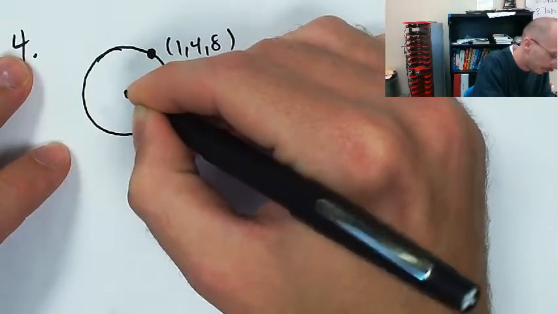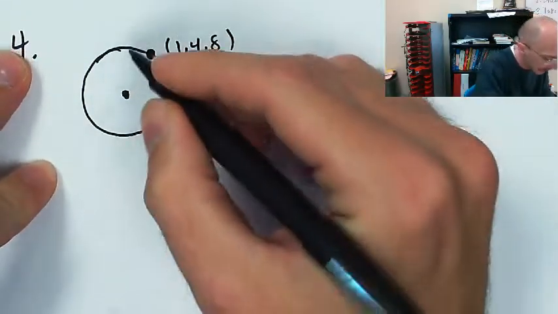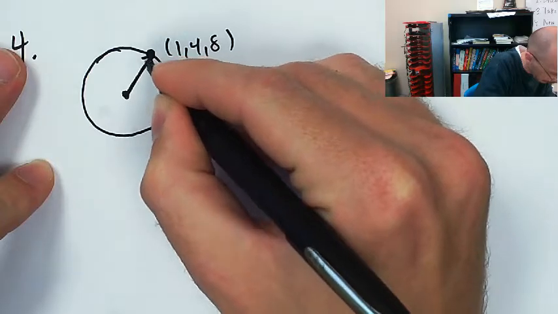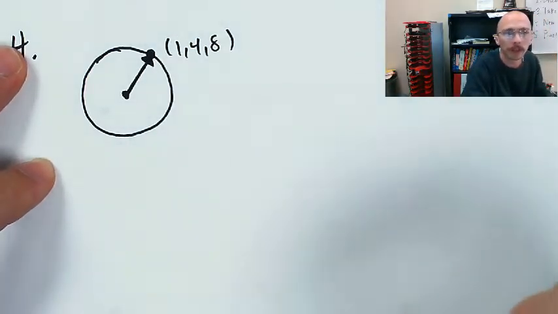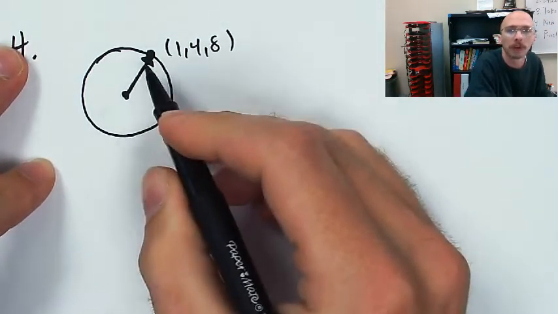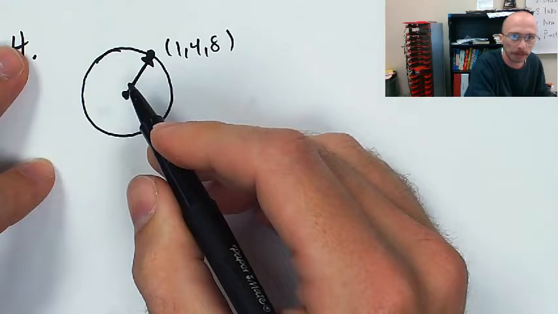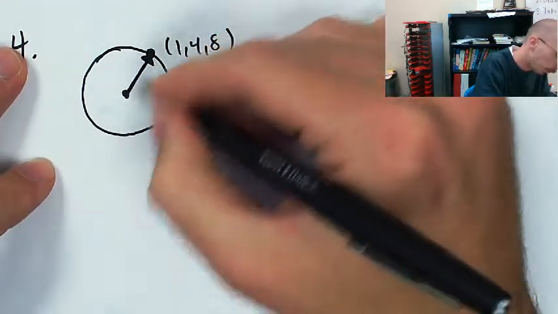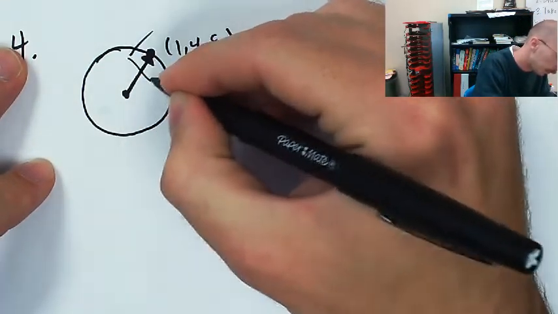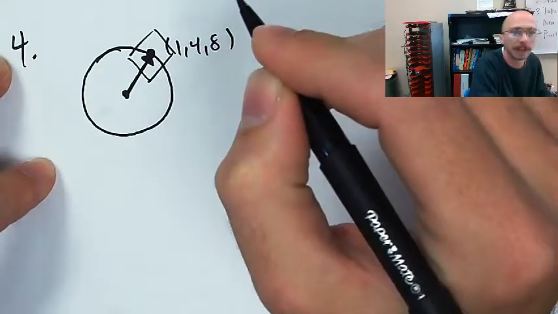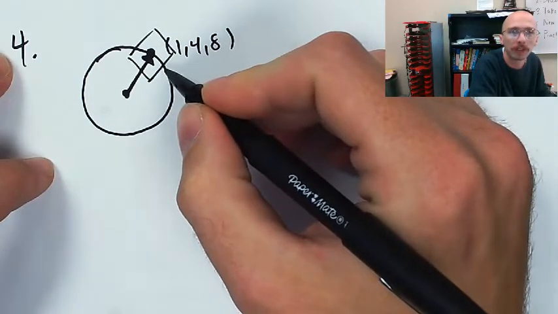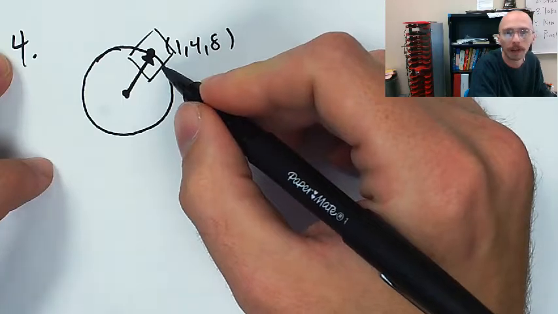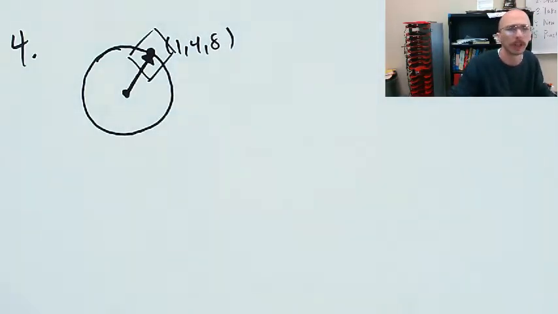What I'm saying is that this radius here, this vector, because it's centered at the origin, is orthogonal to the tangent plane. So I've got a normal vector 1, 4, 8 to the tangent plane, and I've got the point at which it's tangent. So I can write the equation of the tangent plane pretty easily.